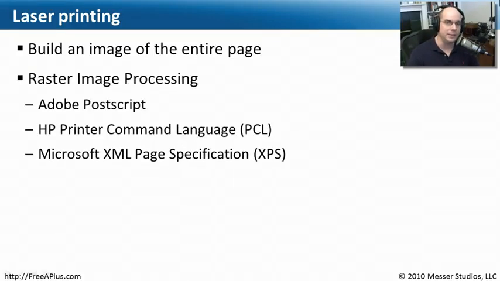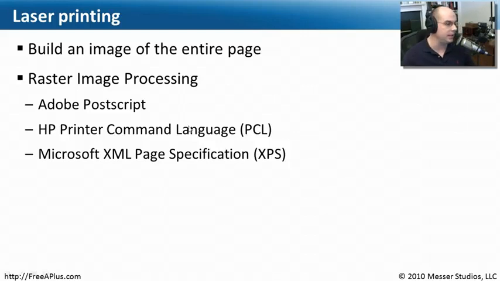What it really is doing is taking a very special language into the printer to be able to calculate and see what this page is really represented like. It's using something called raster image processing, and you'll see different kinds of languages being used, which means if a printer only understands one particular kind of laser printer language, we have to make sure we send that language to the printer.